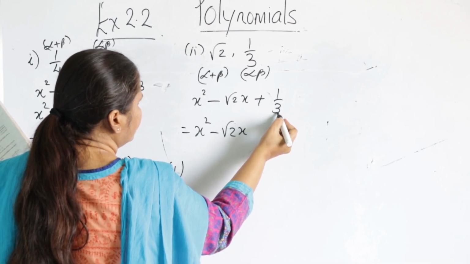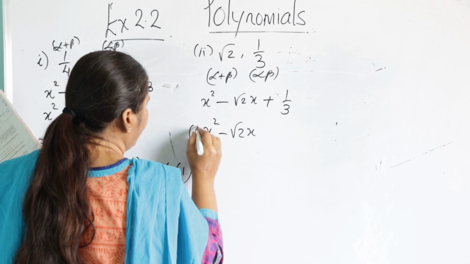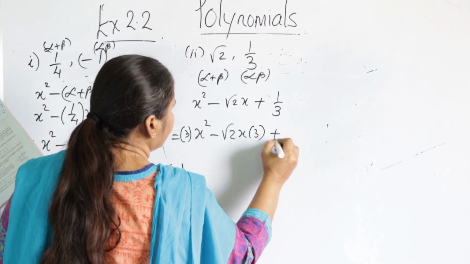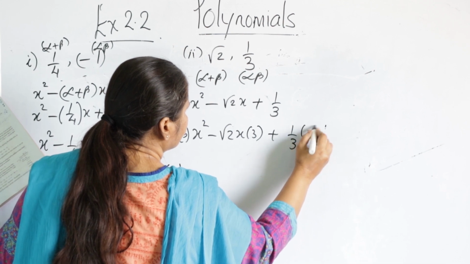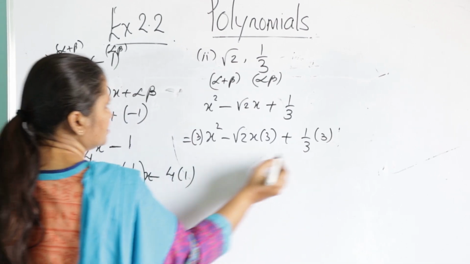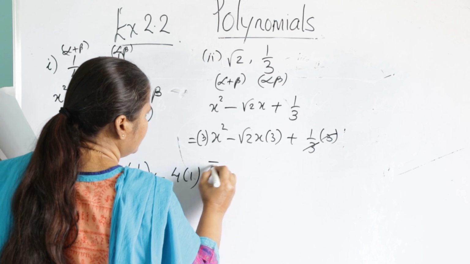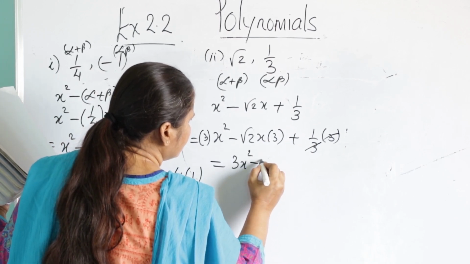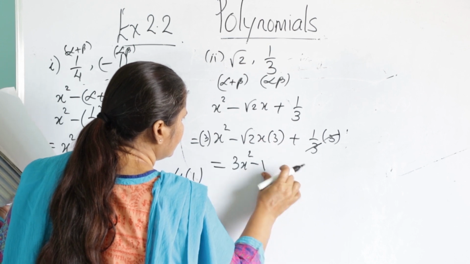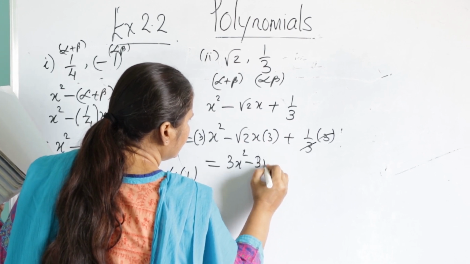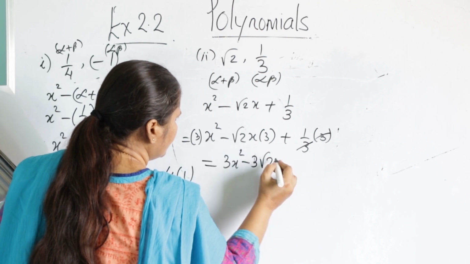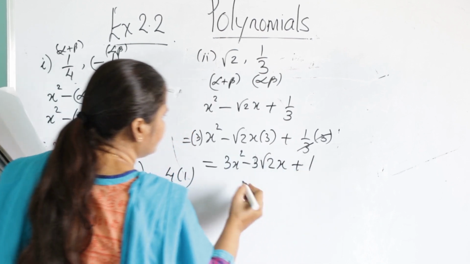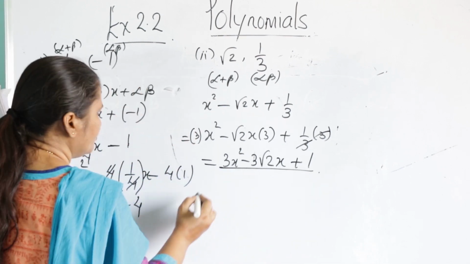Now we have to eliminate this 3. So let us multiply every term by 3. This gets cancelled. So we have 3x square minus, now 3 times root 2 is 3 root 2, x plus 1. This is our quadratic polynomial.